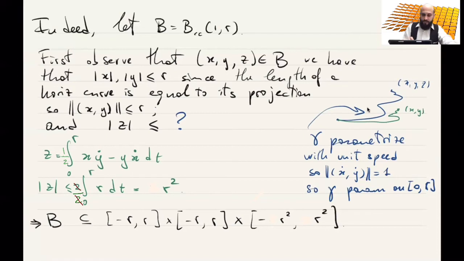Now let's look at the other inclusion. I want to find a box inside the ball of radius r. Let's do it first for r equal to 1.